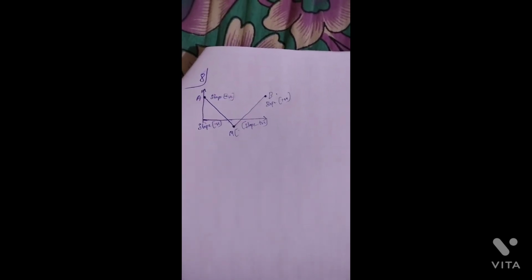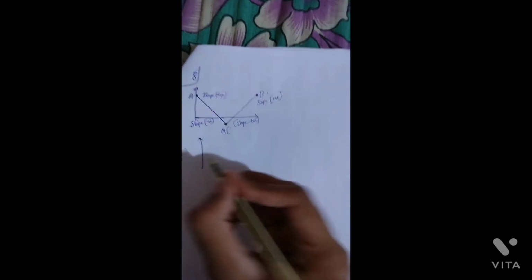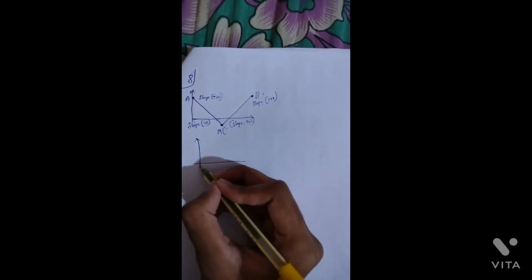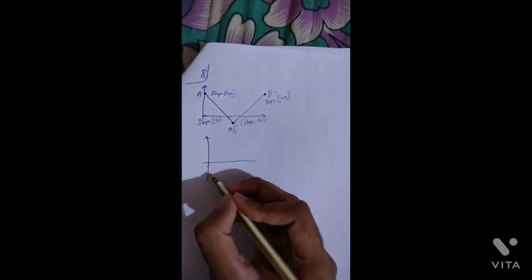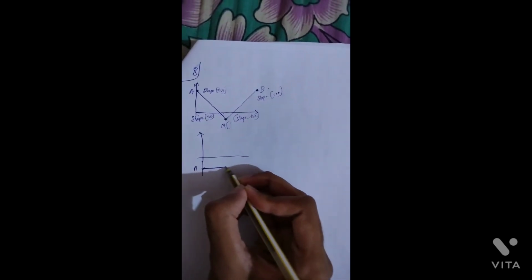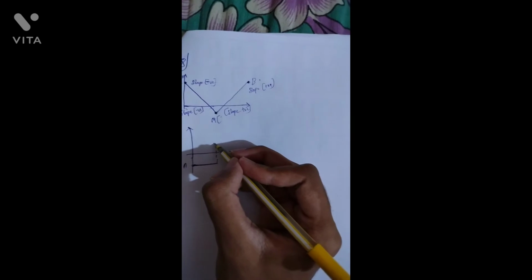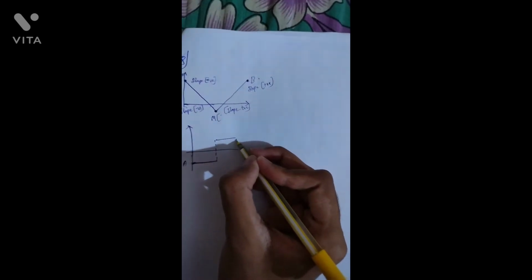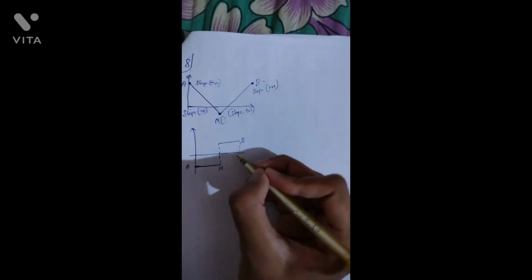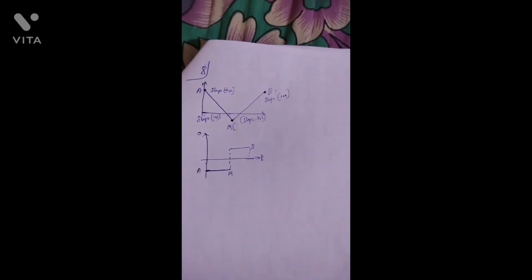So by this we can say that the acceleration will be like this. If I make a quick graph, it will be like this. A, it is A. From here, like this it will be M B. So let us come to the options.